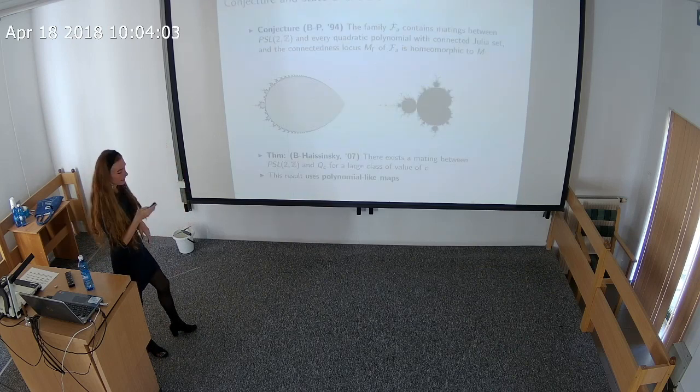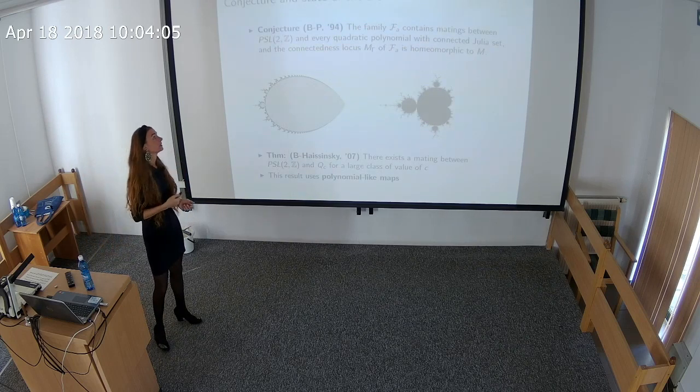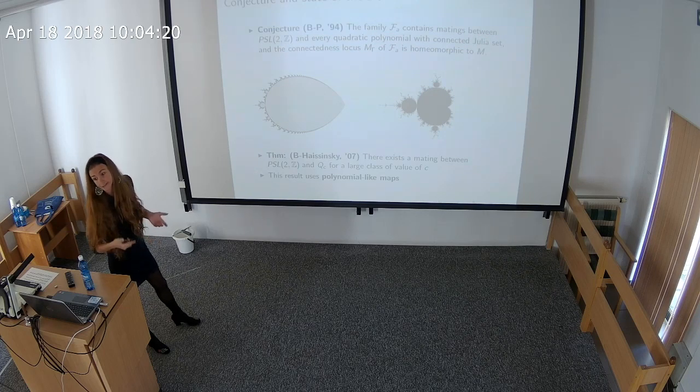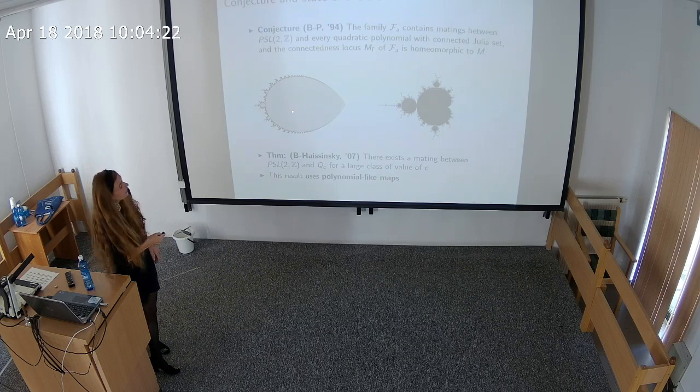So the conjecture is that this family contains matings between the modular group and quadratic polynomials, with connected Julia set for all the parameters in the connectedness locus, and that there was a homeomorphism between this connectedness locus and the Mandelbrot set.